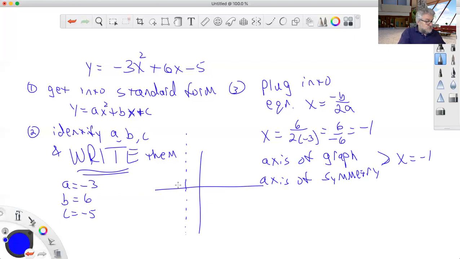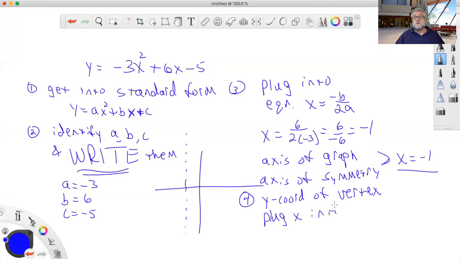That's all we know. Now, if we want to know the y-coordinate, I can just take this and plug it back into my function. To find the y-coordinate of the vertex, plug x into the function.